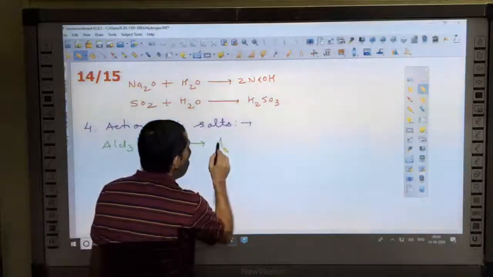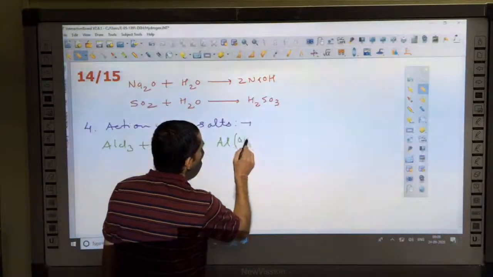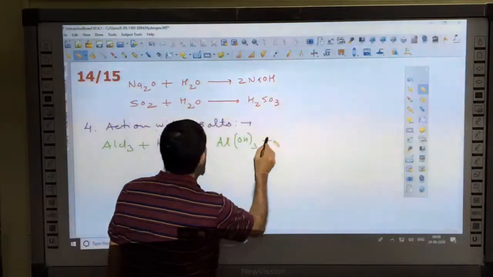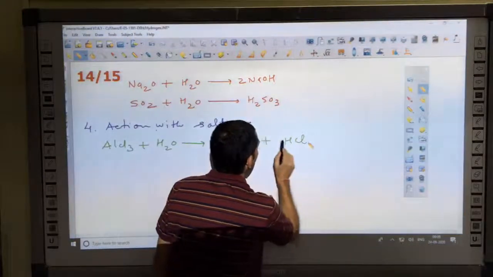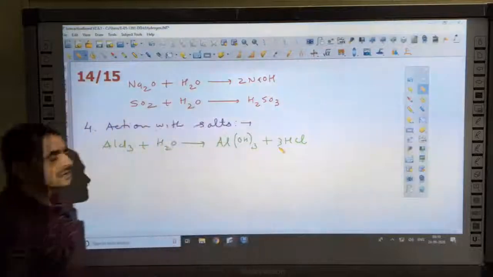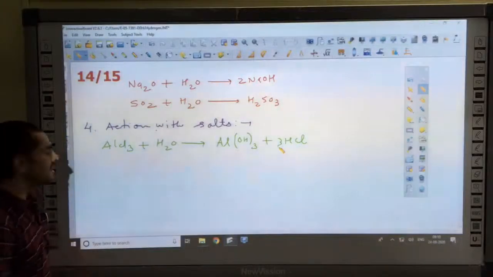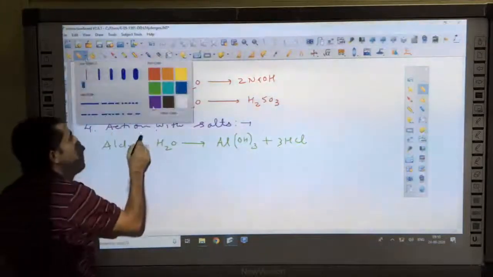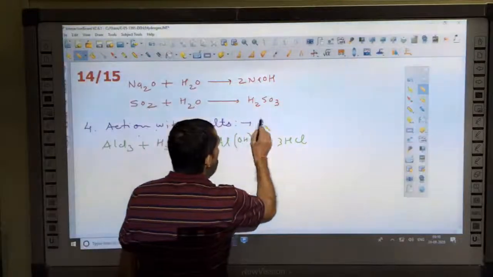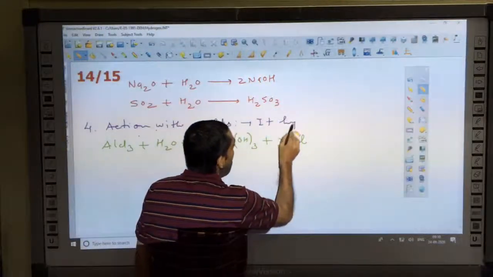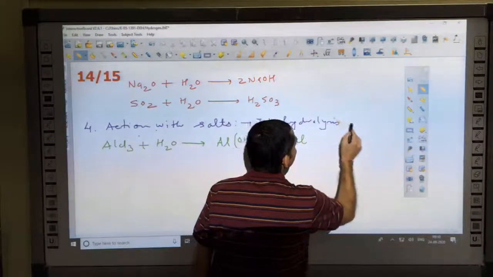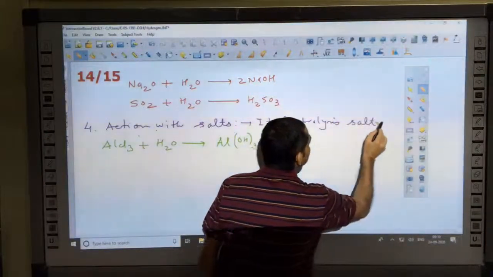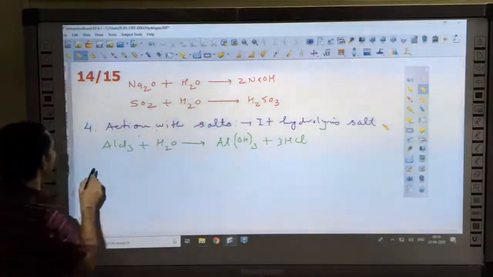It will convert into aluminium hydroxide, and HCl will be liberated. Clear? It is also hydrolyzing salt. We can write over here, it hydrolyzes salt. This is its fourth property.